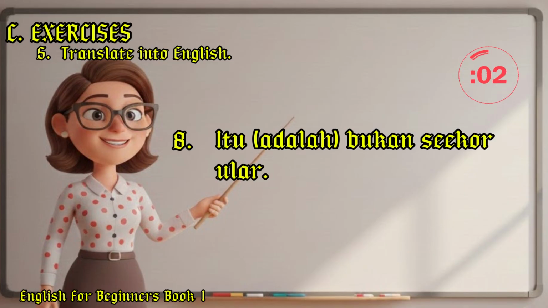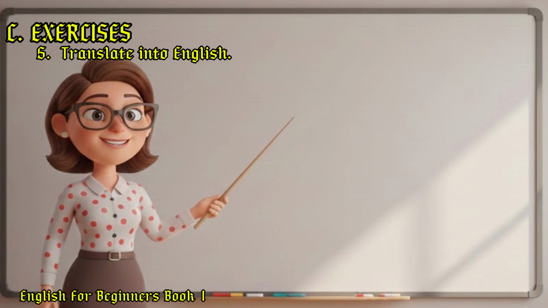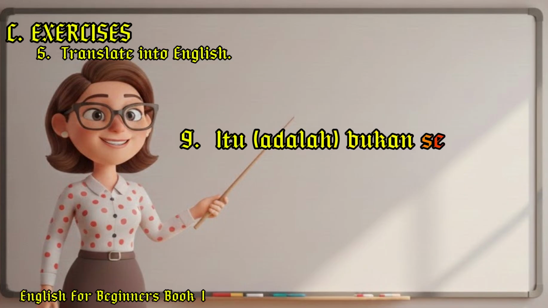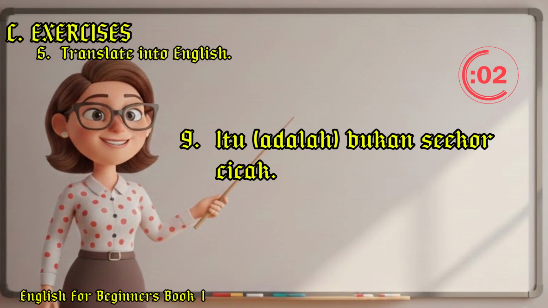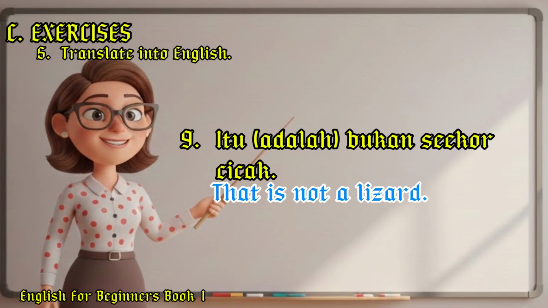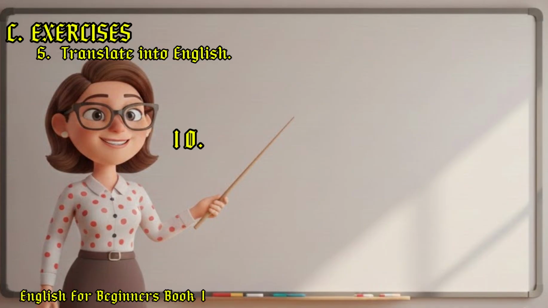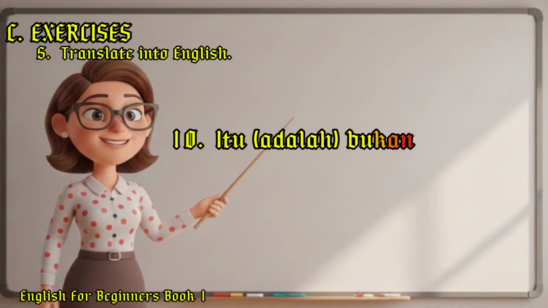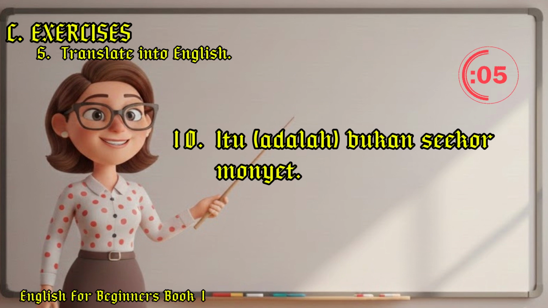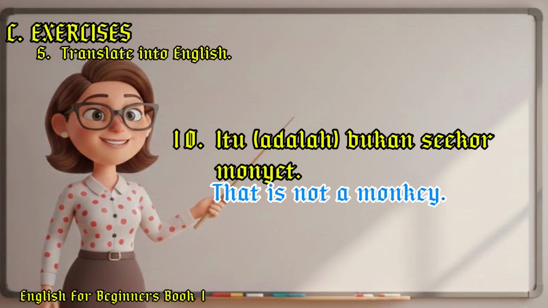That is not a snake. 9. Itu adalah bukan seekor cicak. That is not a lizard. 10. Itu adalah bukan seekor monyet. That is not a monkey.